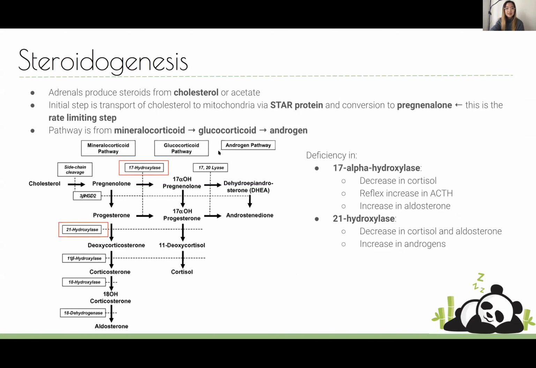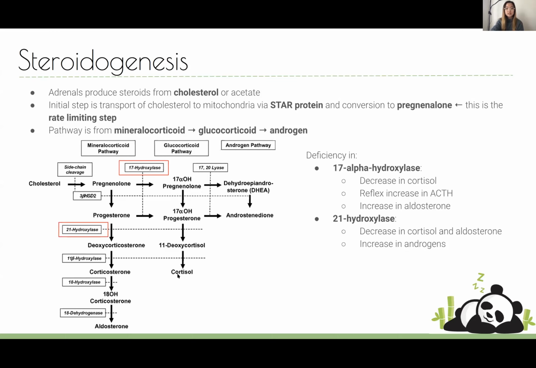Just remember that you have 17 hydroxylase cutting in between your mineralocorticoids and your glucocorticoids, and then 21 hydroxylase cutting off the end parts of your mineralocorticoids and glucocorticoids. They often ask about these two deficiencies. If you have a deficiency in 17 hydroxylase, you cannot pass from pregnenolone to 17 alpha hydroxy pregnenolone, so you're blocked between the mineralocorticoids and the glucocorticoids.